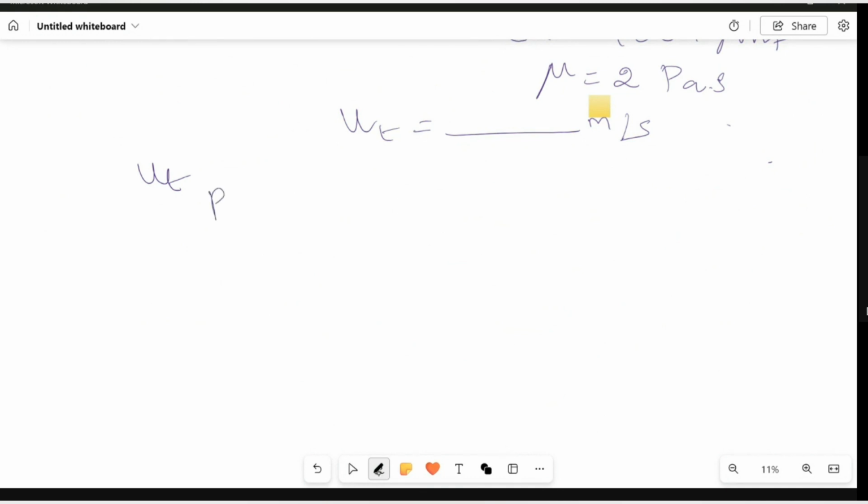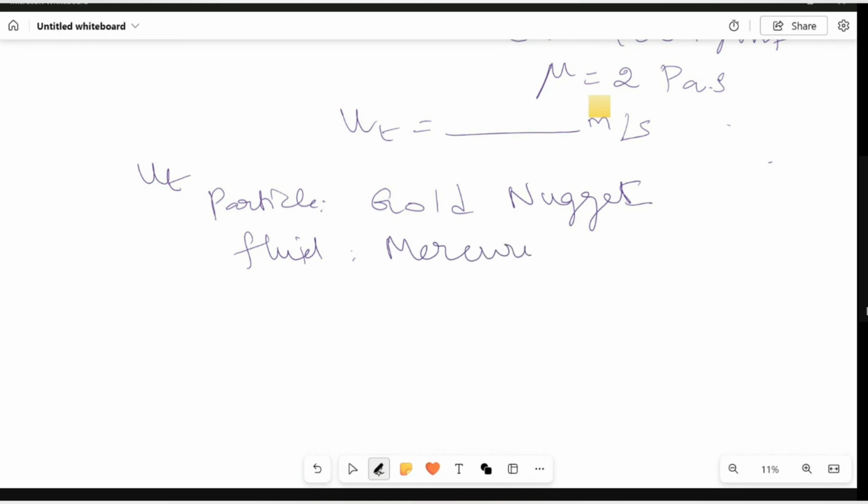And the particle is a gold nugget, and the fluid is mercury. The particle diameter is 0.002 meters.